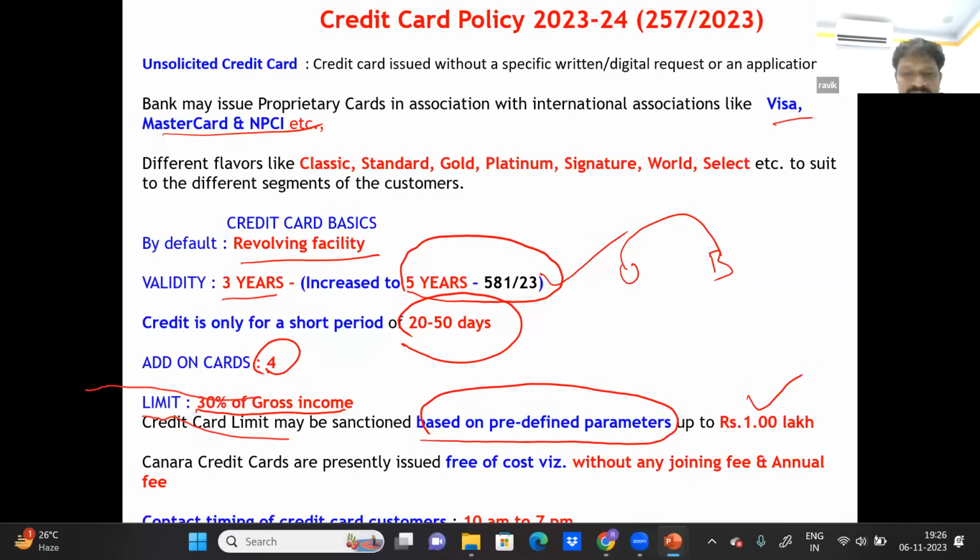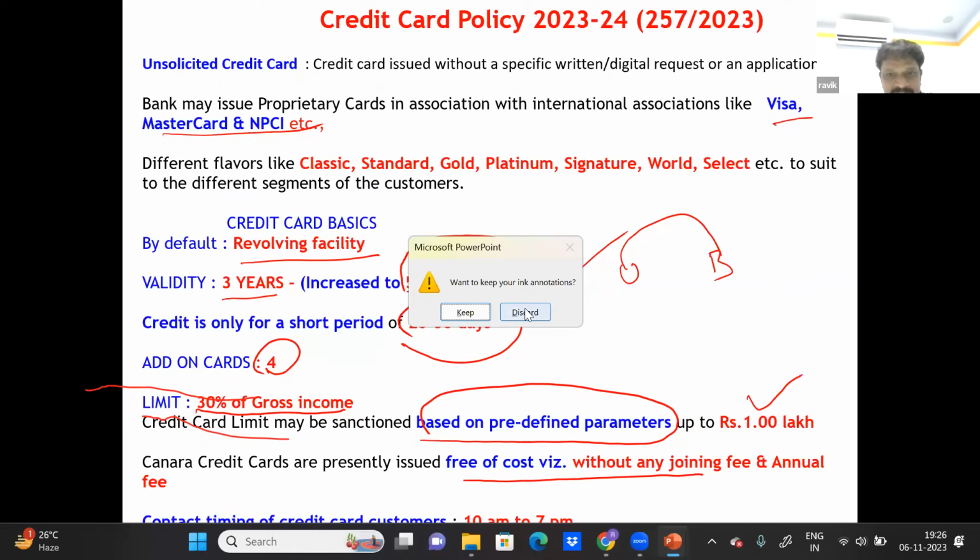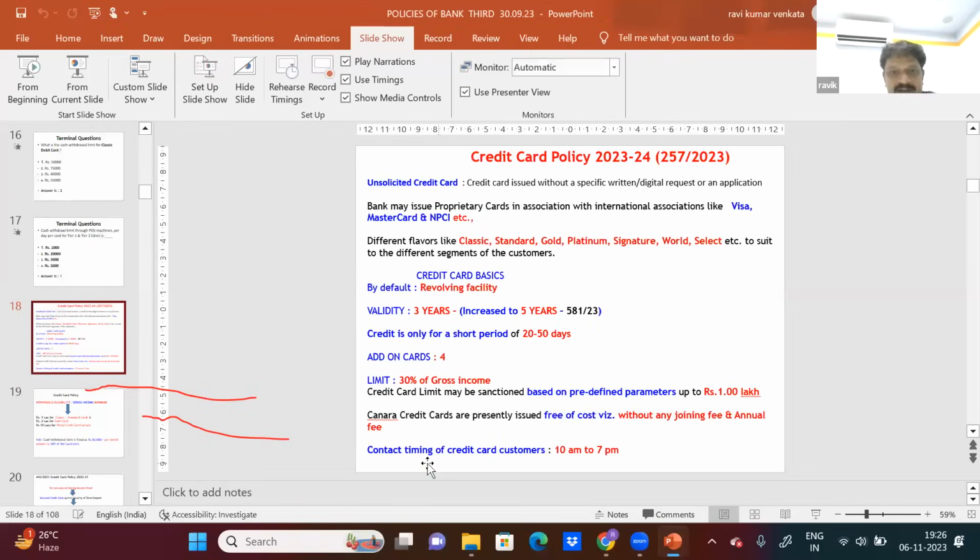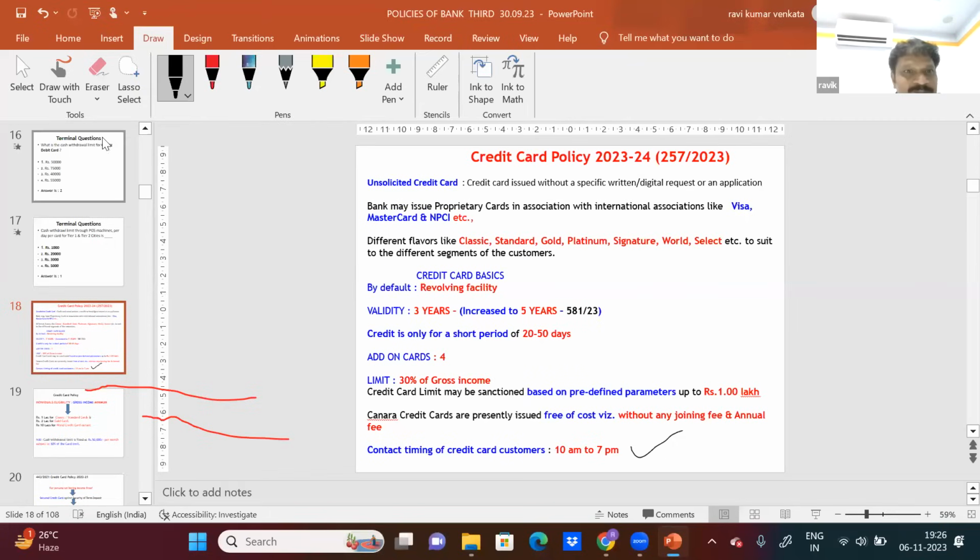Then credit cards are presently issued free of cost without any joining fee. Also remember the contact time of credit card customers: we should contact credit card customers only between 10 and 7.